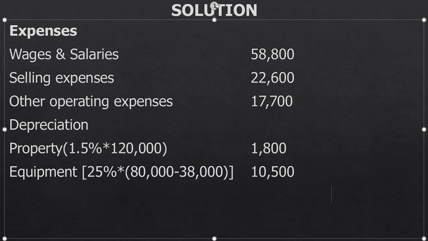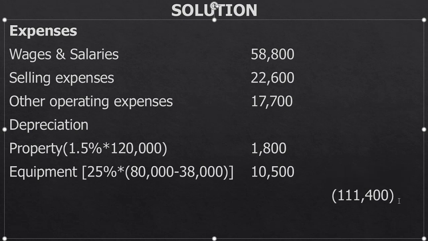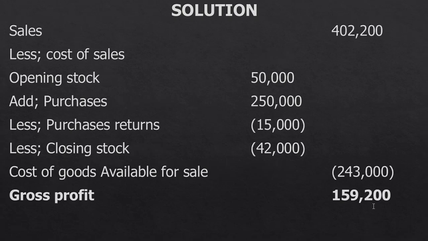It's the 8,800 plus 22,600 plus 17,700 plus 1,800 plus 10,500. And as I can see, you get 111,400. Like that. So this figure is total expenses. I am lessing it from the figure we got here, gross profit 159,200.